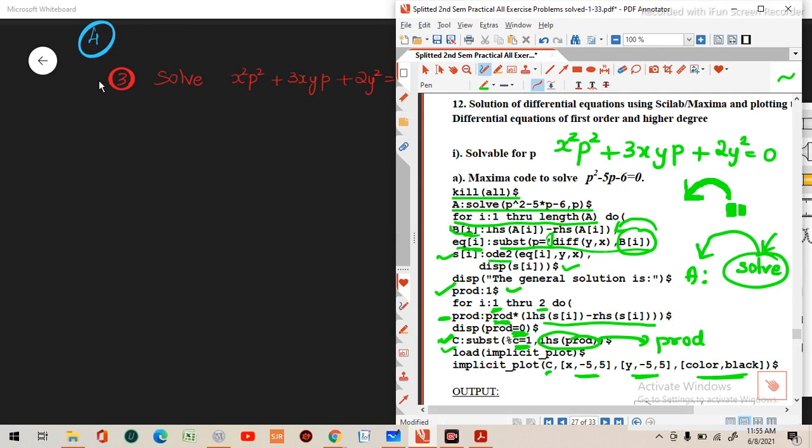Tell me what you get for P is equal to without separation. Plus or minus 3xy divided by x square. Correct. Now you separate. P is equal to minus y by x, and in another one P is equal to minus 2y by x. Yes, correct.